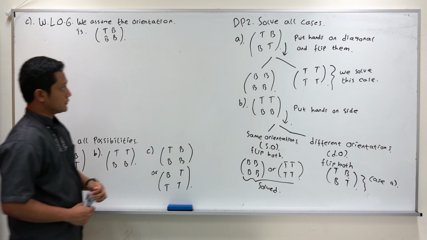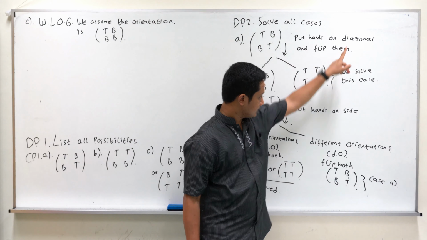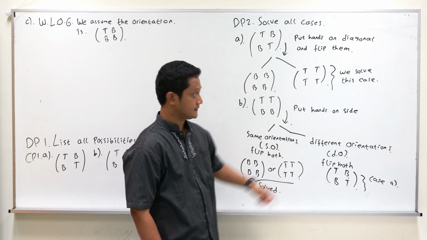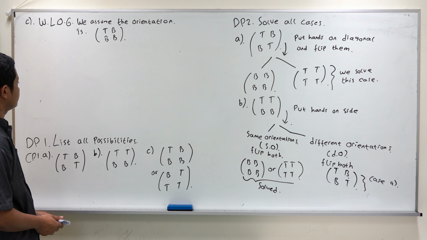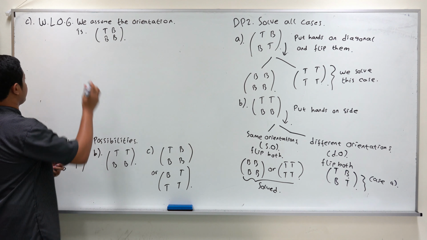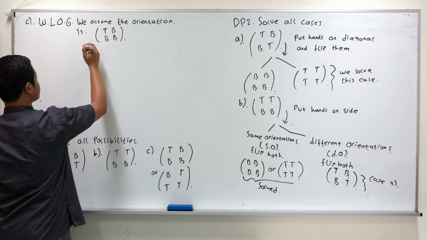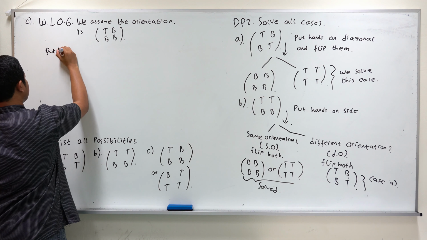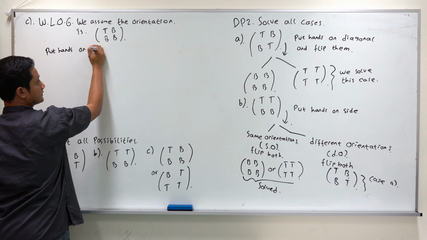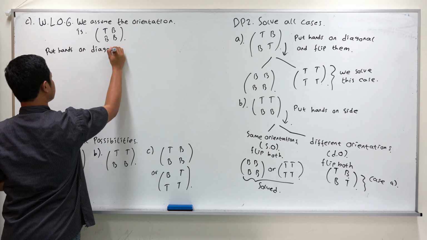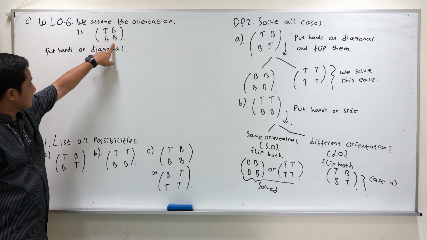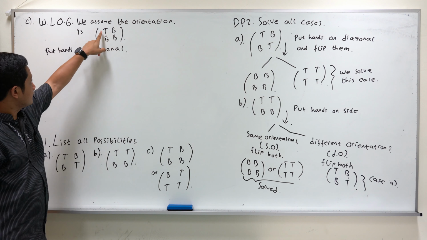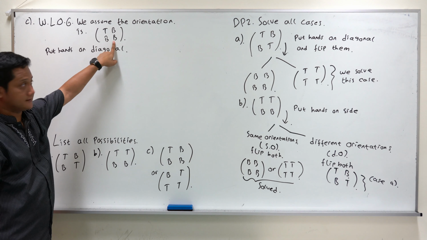Is it better to choose the diagonal like this or on the side? Okay, let's try the diagonal. So put hands on the diagonal. What happens if we have the same orientation or different orientation?